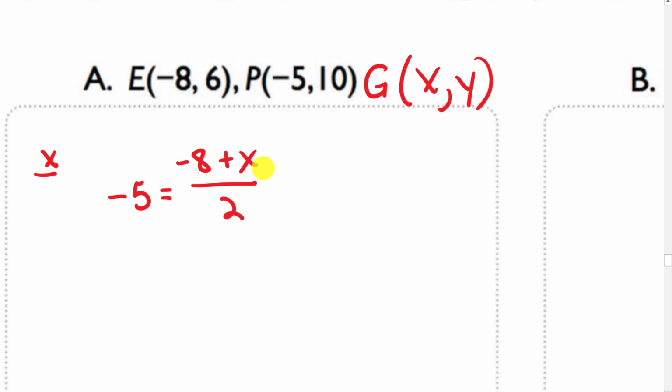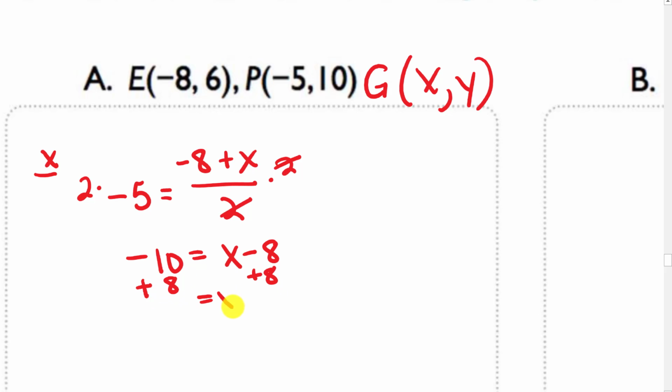To solve this, I'm going to multiply both sides by 2. Okay, -10 equals x minus 8. I can rewrite that in this order. Add 8 to both sides. Add 8, add 8. X equals -2.